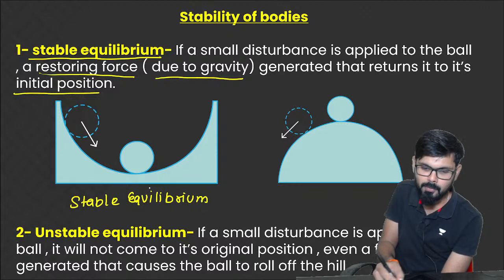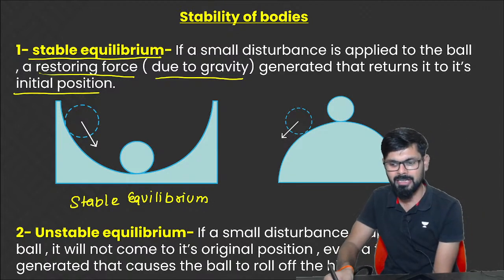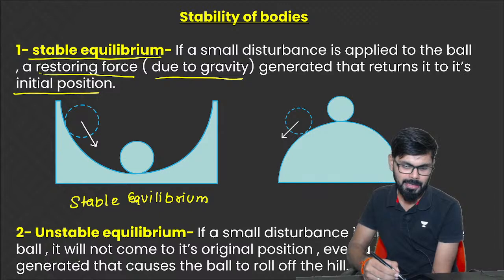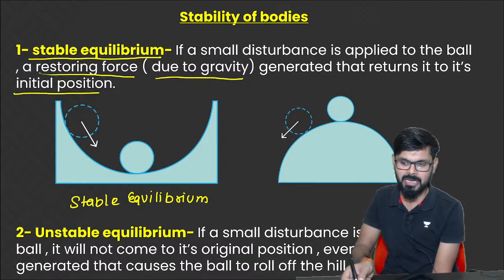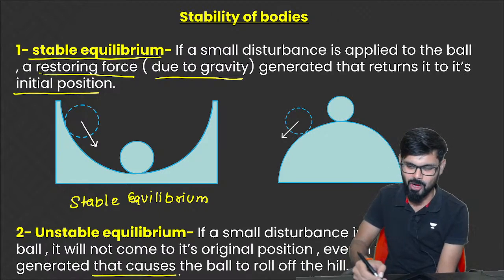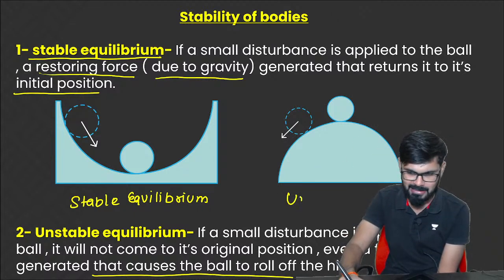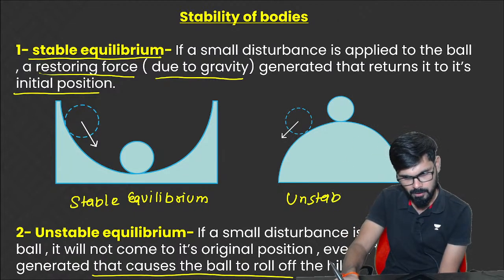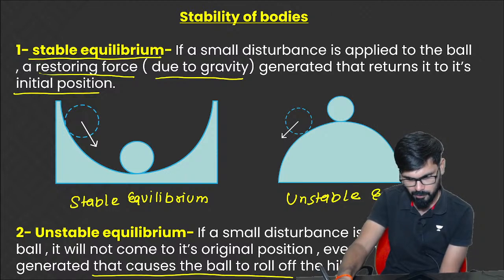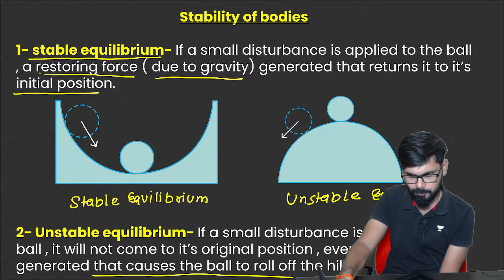Right? Now in unstable, a small disturbance applied to the ball, it will not come to its original position. Even a force is generated that causes the ball to roll off the hill. Right? That is called as unstable equilibrium.